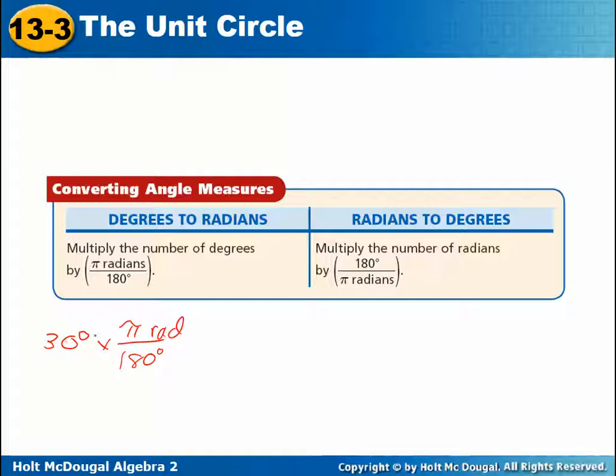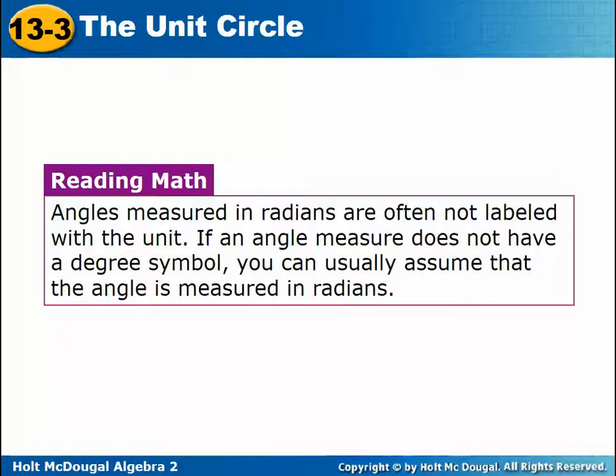So if you're starting with degrees, then you want the one with 180 degrees on the bottom. If you're starting with radians, then you want the one with the pi radians on the bottom, because then the radians cancel with the radians. When they talk about angles measured in radians, there won't be a degree sign. So if there's no degree sign, then assume that it's radians, especially if there's a pi in it.